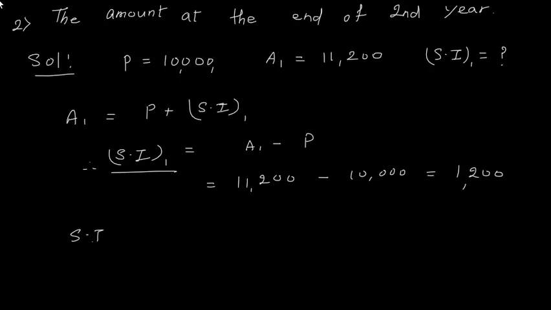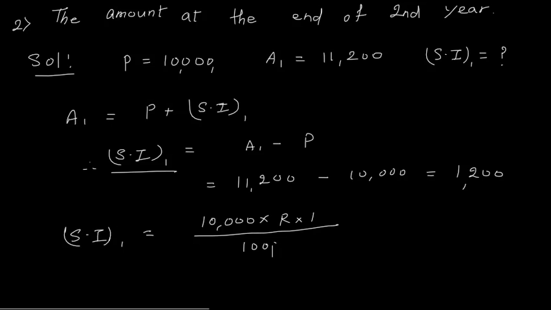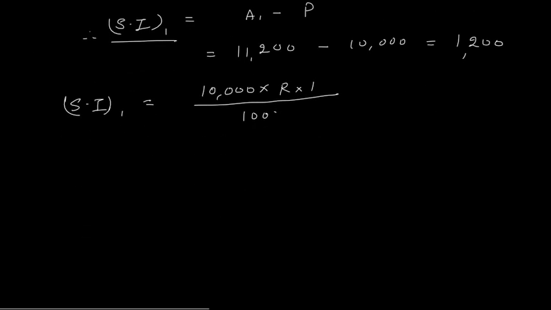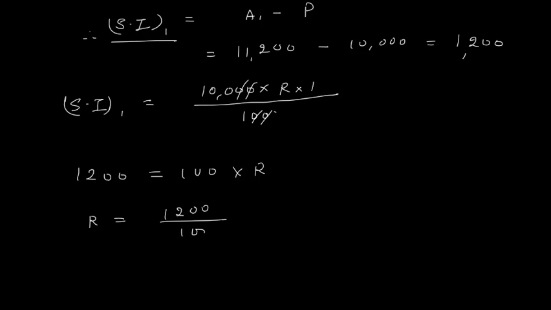Now I will use the formula simple interest SI1 is equal to P, that is 10,000, into R, which is unknown, into time, for 1 year we are calculating so time is 1, divided by 100. Now the value of SI we know, 1,200. So first two zeros I can cancel, and 1,200 is equal to 100 multiplied by R. So R is equal to 1,200 divided by 100.